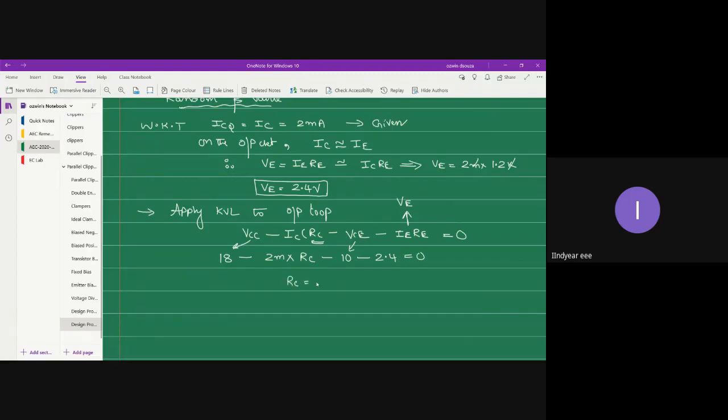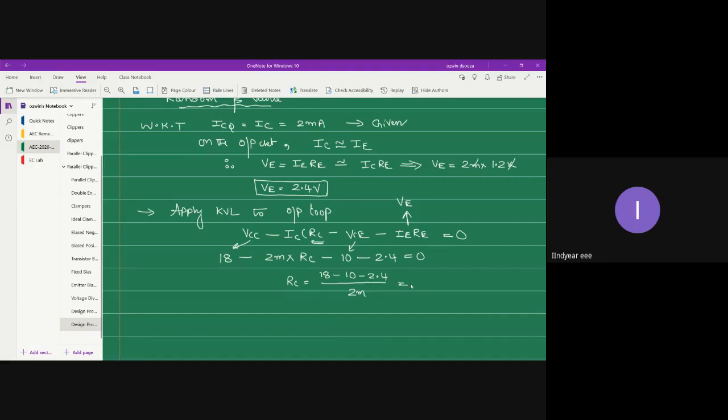So RC is equal to the difference in potential divided by current, right? So RC is equal to 18 minus 10 minus 2.4 divided by 2 milli. In terms of kilo, you are going to get it.